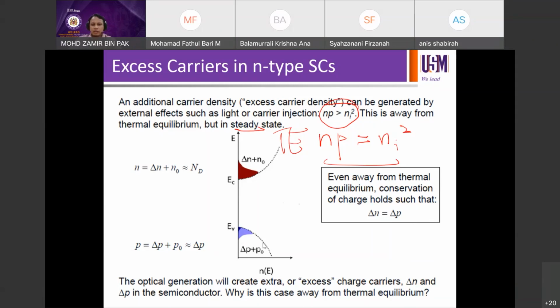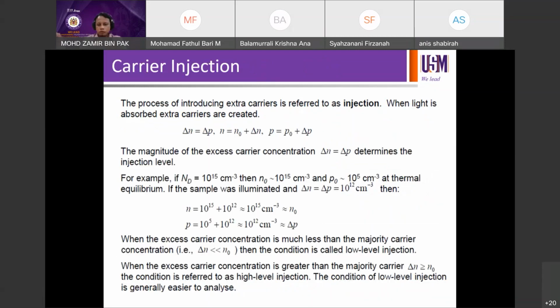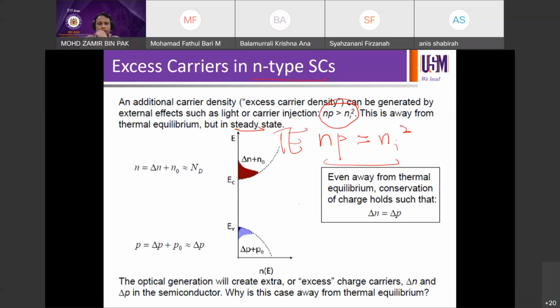And let's look at this. When you have excess carriers in n-type semiconductors, if you have n equals to ND, you are talking about n-type. Let's say your ND is about 10 to the 17, for example.